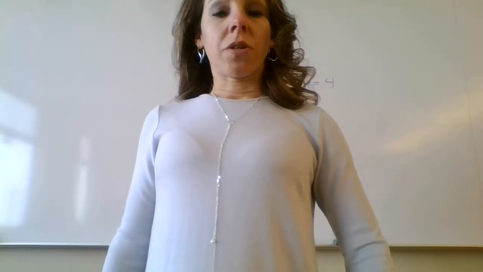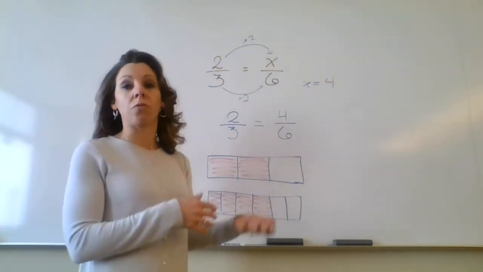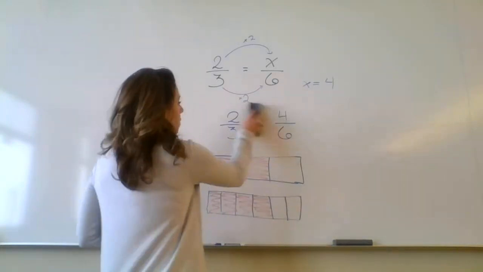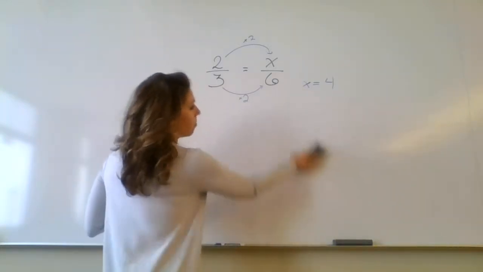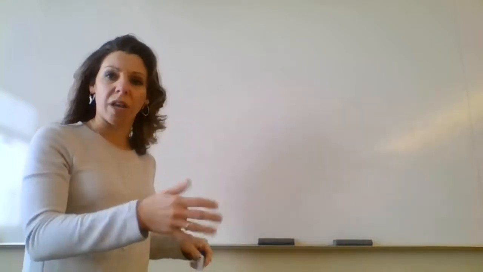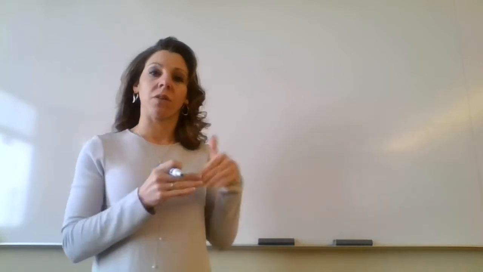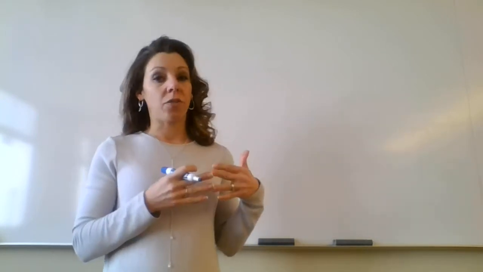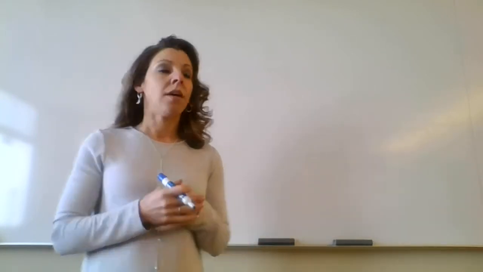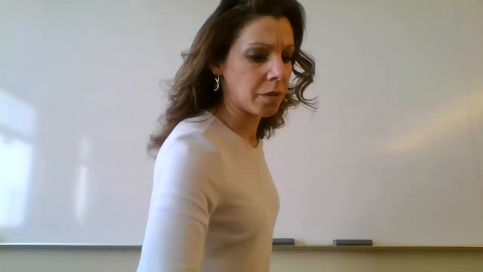Another thing that I want to look at is that some of you have realized that we can use cross multiplication. This might lead a little bit further into the upper grades, the middle school, maybe 4th, 5th grade, when we can really start using multiplication, division, and inverse operations. I have an example written here.